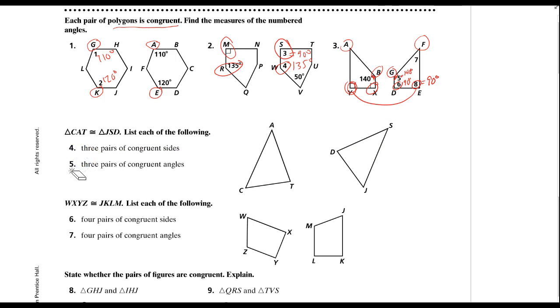Number 5, the 3 pairs of congruent angles. Well, they list these letters in order, so the angle that's at C would match up with the angle at J. So let's do this.